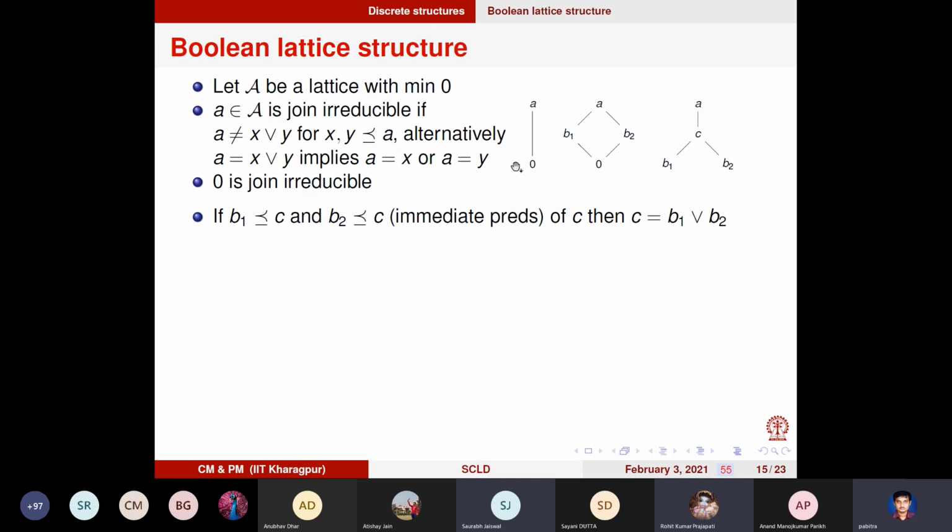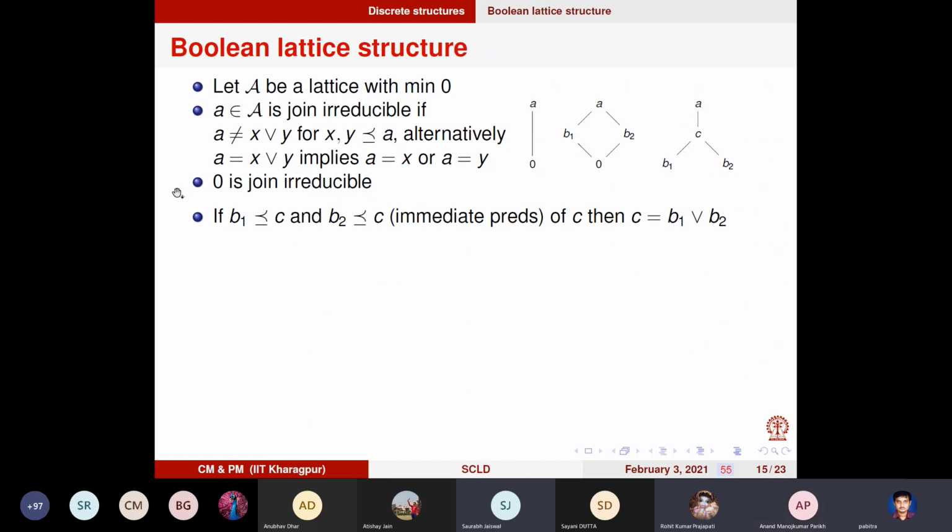So if I want to see if this property holds for an element, I'll take all pairs x and y, and if the join of these 2 elements x and y is different from a, then a is join irreducible for all x, y.